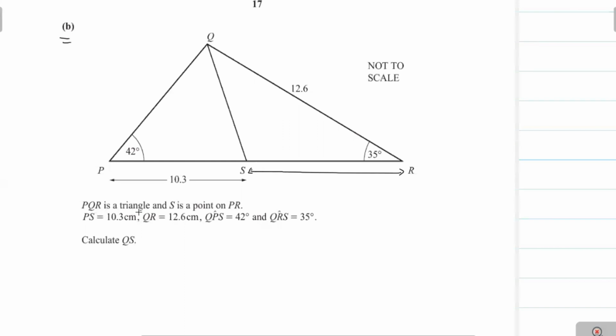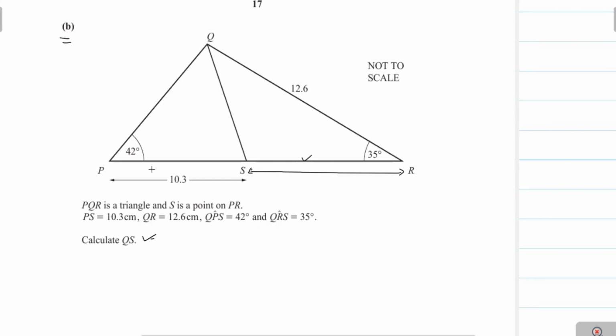Part B, PQR is a triangle and S is a point on PR. PS 10.3 centimeter, QR 12.6, QPS 42 degree, QRS 35 degree. Calculate QS. Firstly, if we find the length SR, we can easily find this length QS.